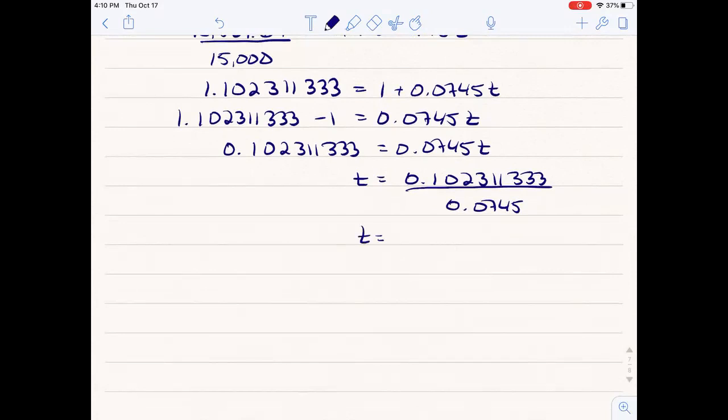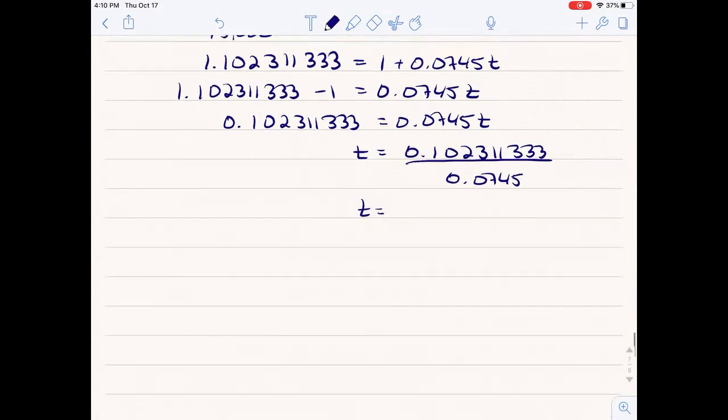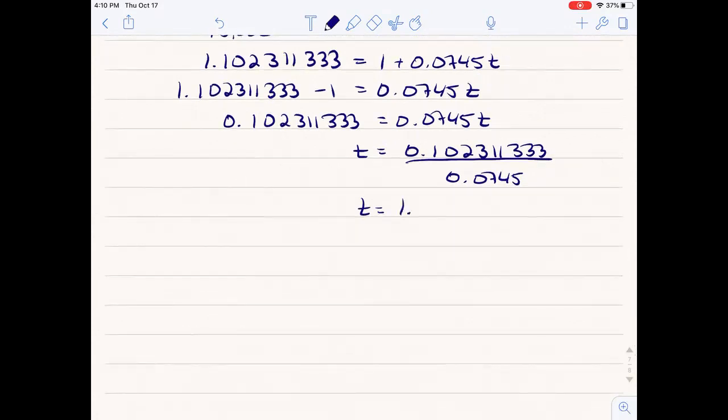But I have to read them out, otherwise you'd have to be reading from the board this whole time. And then divide that by 0.0745. So T is 1.37330648 years. Remember, T is always in years, right?